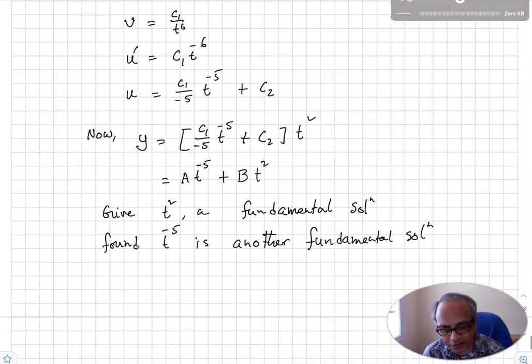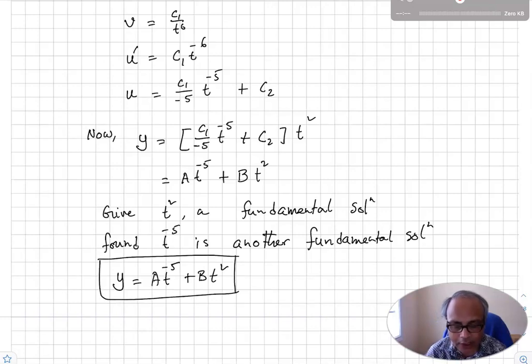So for a second order differential equation, I expect two linearly independent solutions, and those are the members of the set t square and t to the power minus 5, and the general solution is a t to the power minus 5 plus b t square.